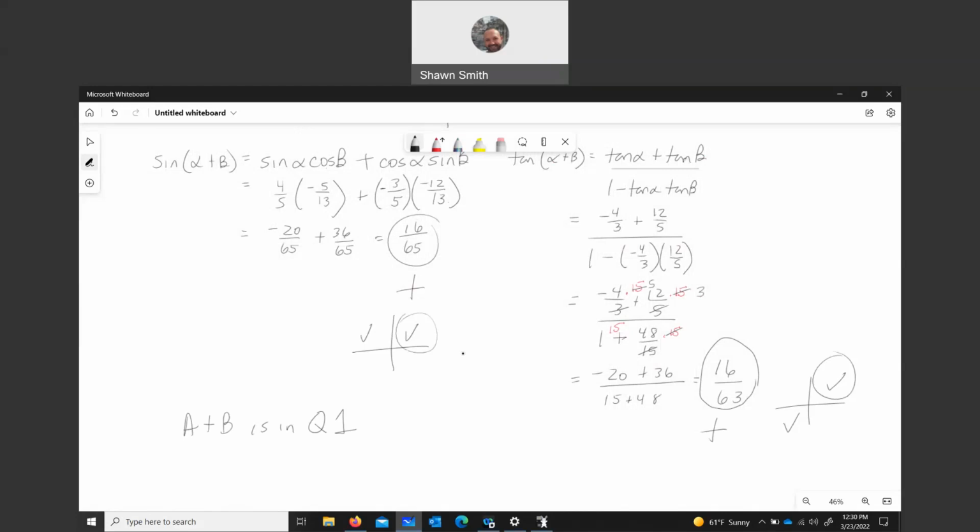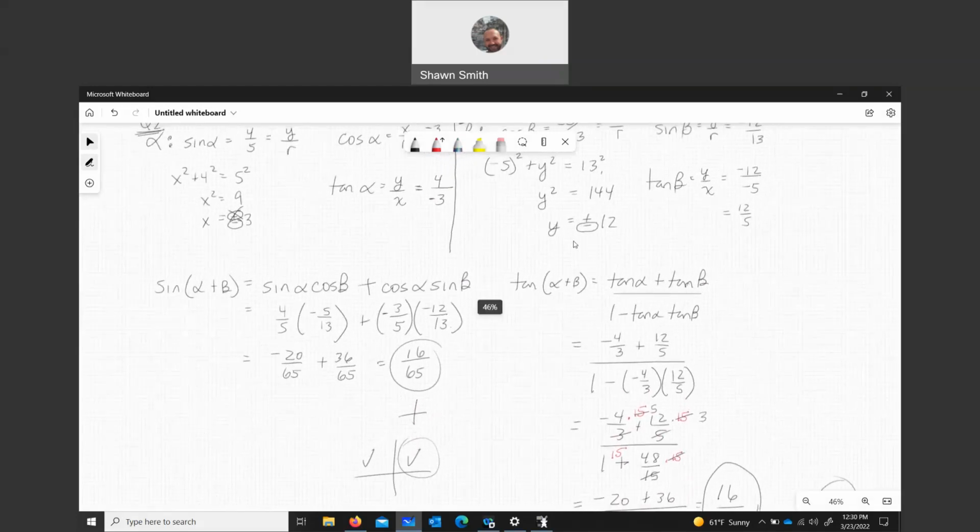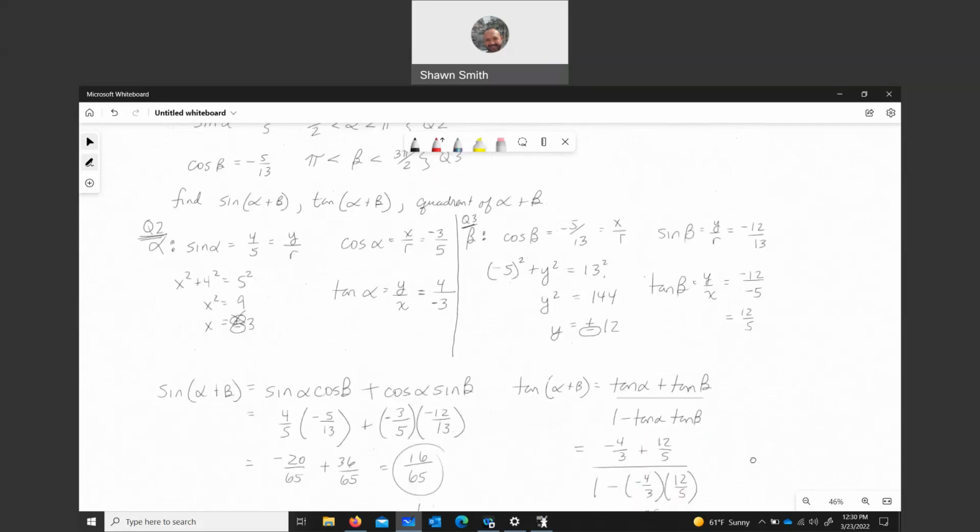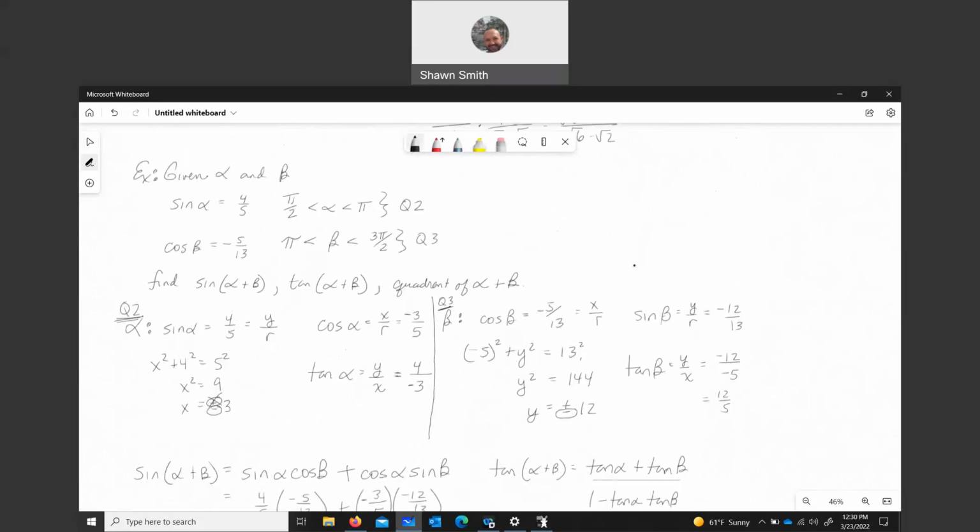Now we could have also started off at the beginning and gotten an idea of what possibilities alpha plus beta could be in. If you look at these two right here, if you add them up, pi over 2 plus pi, that's 90 plus 180. That's 270, right?